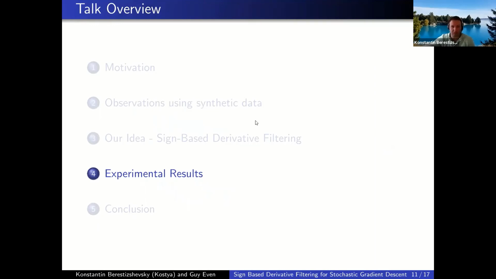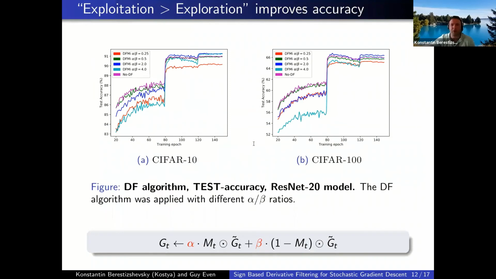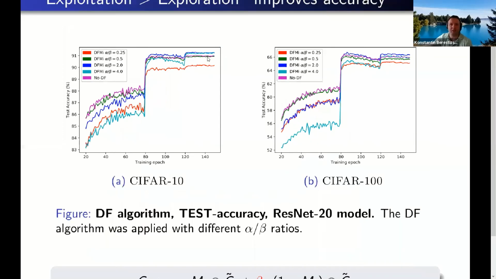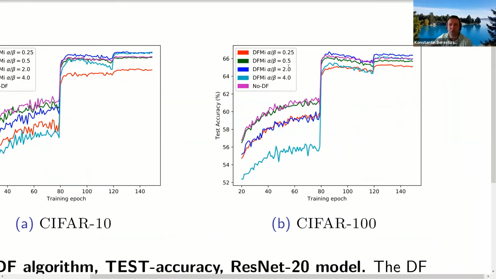So let's see how this works. These are the results on the CIFAR-10 and CIFAR-100 datasets. In these plots, the x-axis is the training epoch, and the y-axis is the validation set accuracy. The different colors stand for the different alpha to beta ratios, which are exploitation divided by exploration amplification factors. It looks like stochastic gradient descent benefits from alpha to beta equals 2.